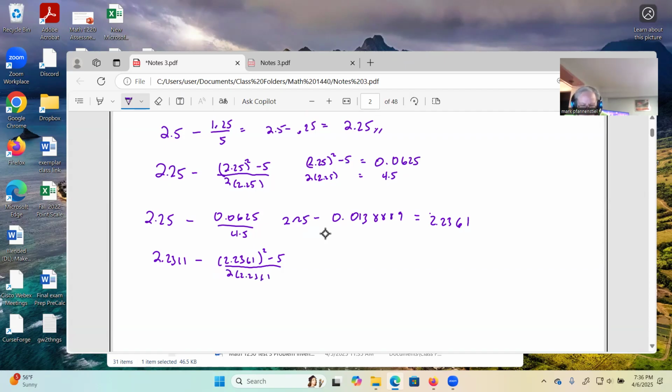Let's see what we end up with there. If I go through and put this in, minus 5, I got 0.0001423, and then divided by 4.4722 on the bottom. So I have 2.2361 minus 0.0001.